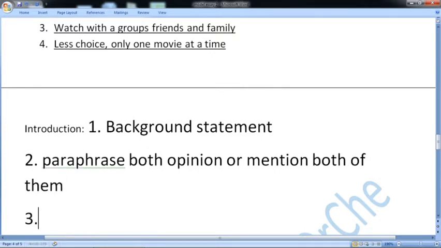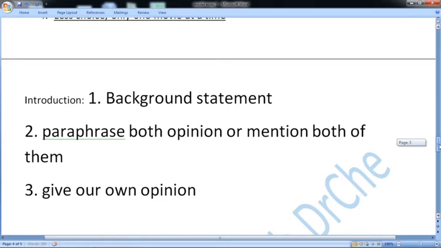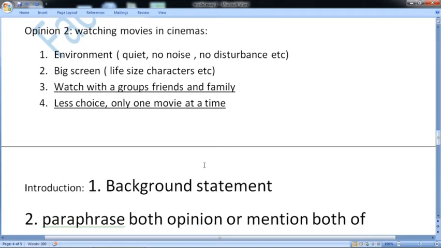And number three, we have to give our own opinion also. So these are three things that we have to do in our introduction: background statement, paraphrasing, discussing both views, and then giving our own opinion also.